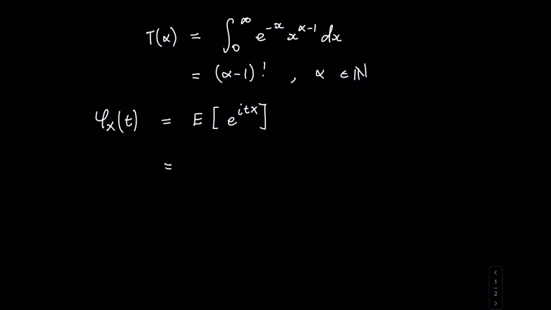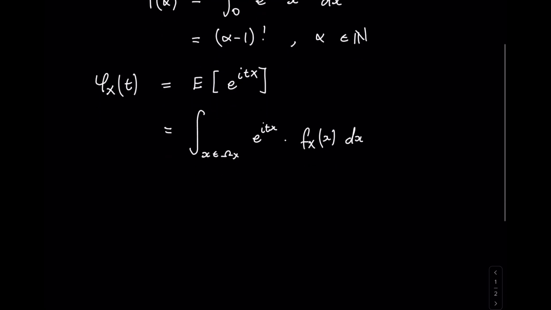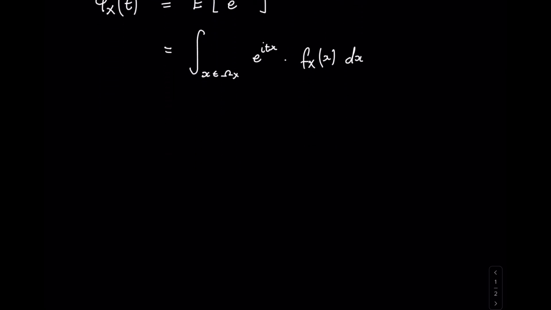Now, a gamma distribution is a continuous distribution, so we're going to use the continuous version of expectation. So we integrate across all values of x on the support of x of e to the itx multiplied by the probability density function, and then integrate with respect to x.